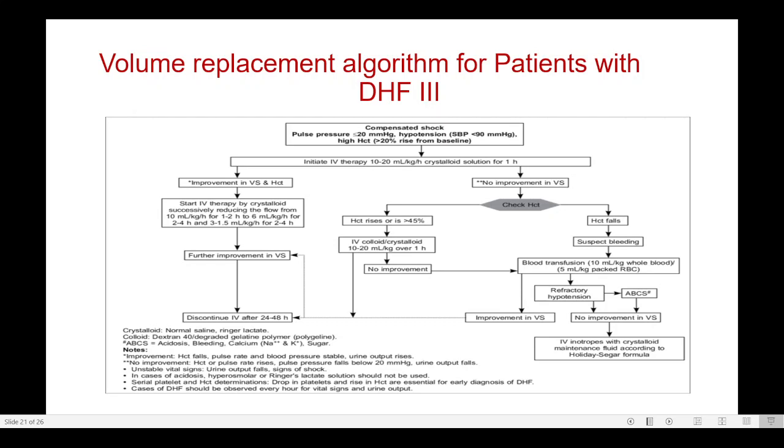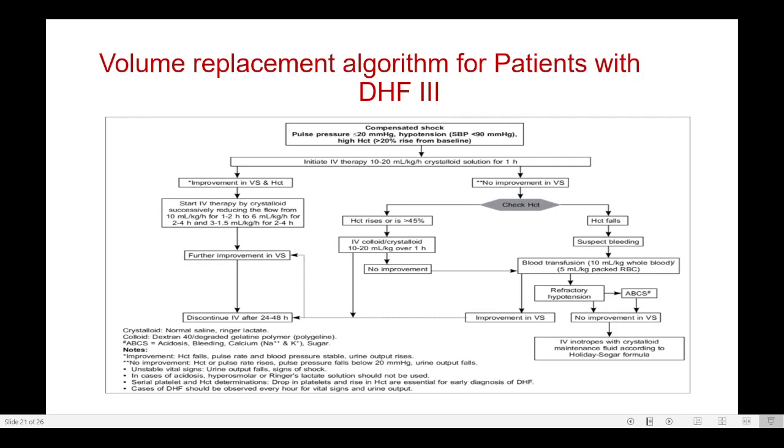Then start intravenous therapy 10 to 20 cc per kg per hour with crystalloid solution for 1 hour. The same management: if improvement in vital signs and hematocrit occurs, then gradually reduce the IV fluid and finally discontinue. If no improvement, repeat check of hematocrit value. If it still rises from 20% to 45%, then first start increasing IV colloid or crystalloid.